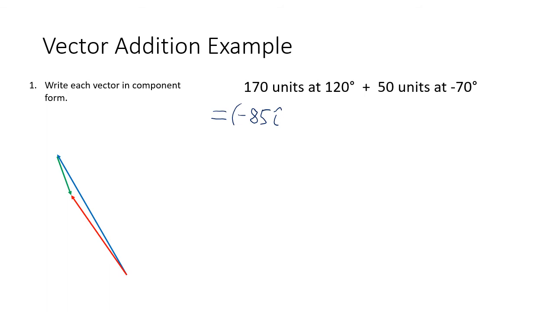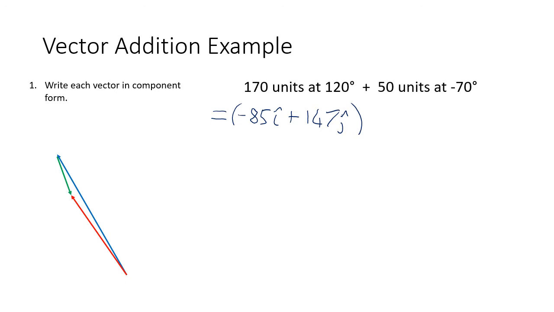And the vertical component, 170 times the sine of 120, will be 147.